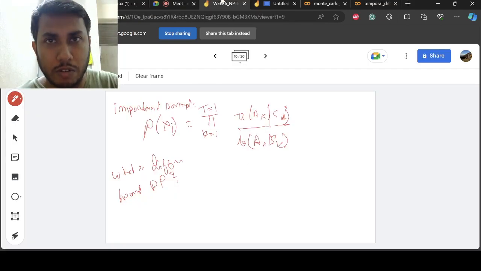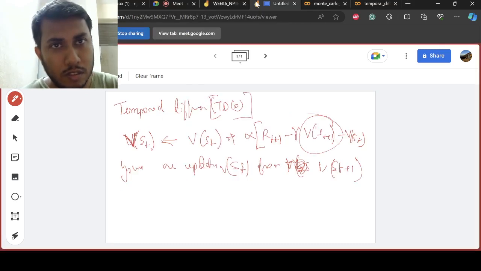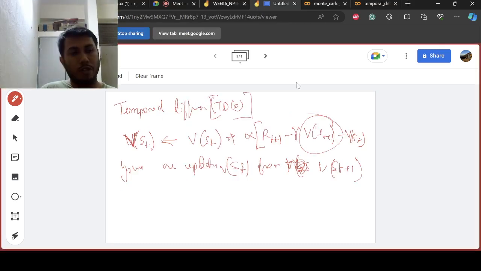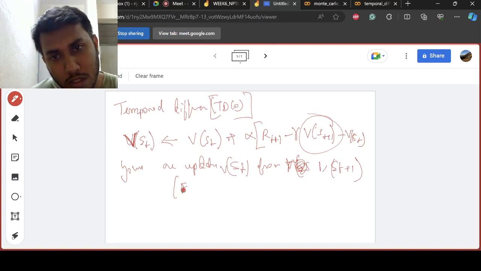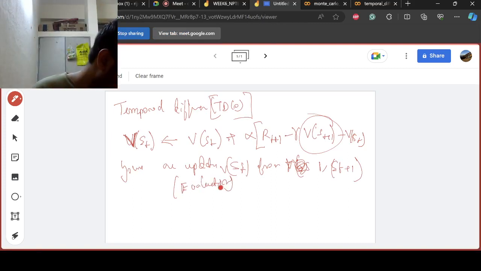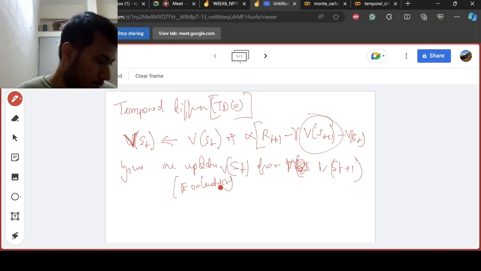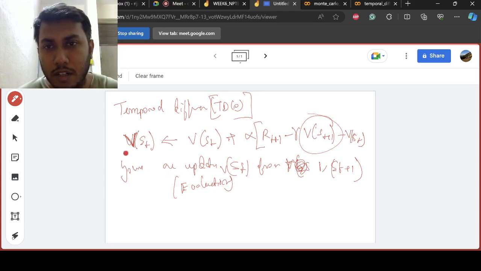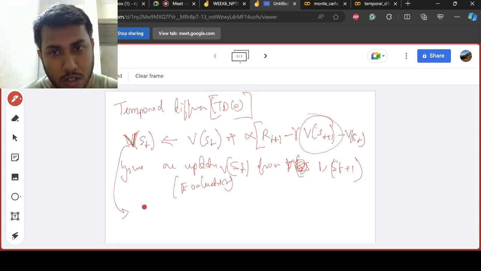So then next what you have? Next you have TD0. This one is your evaluation. Now you can also use the same equation for your state action value.